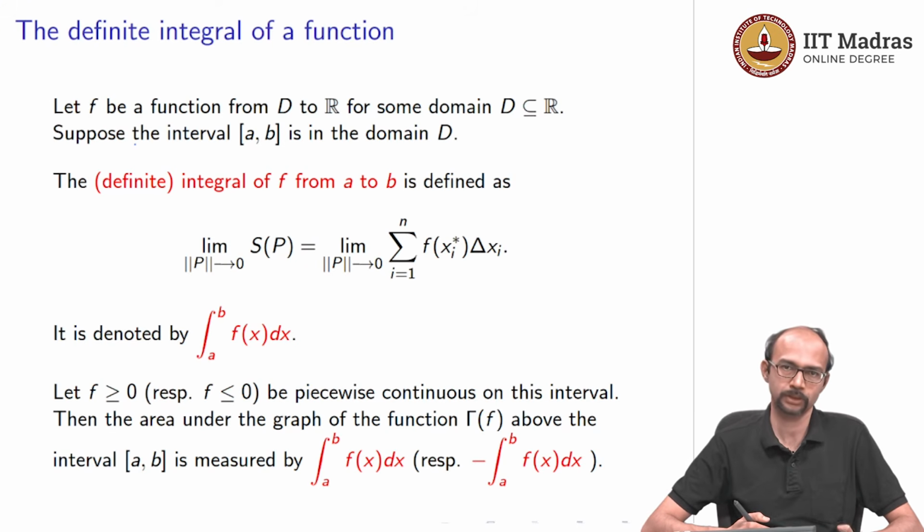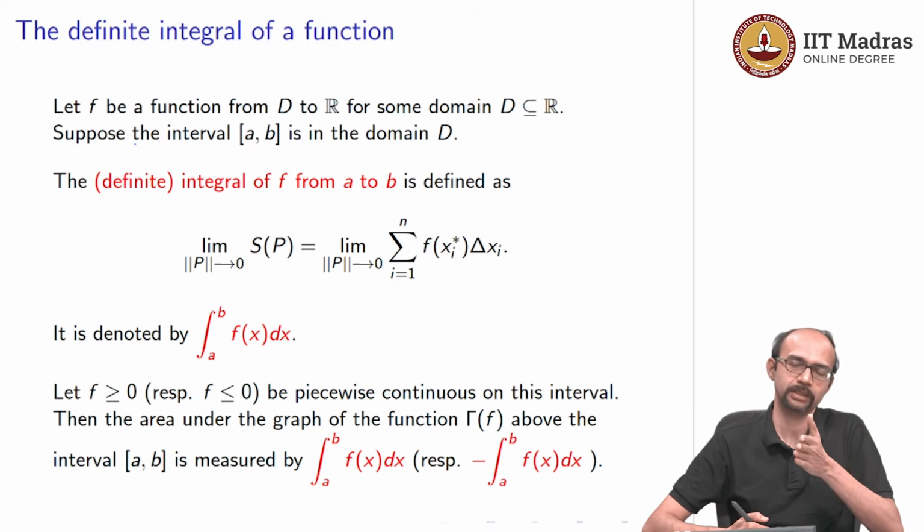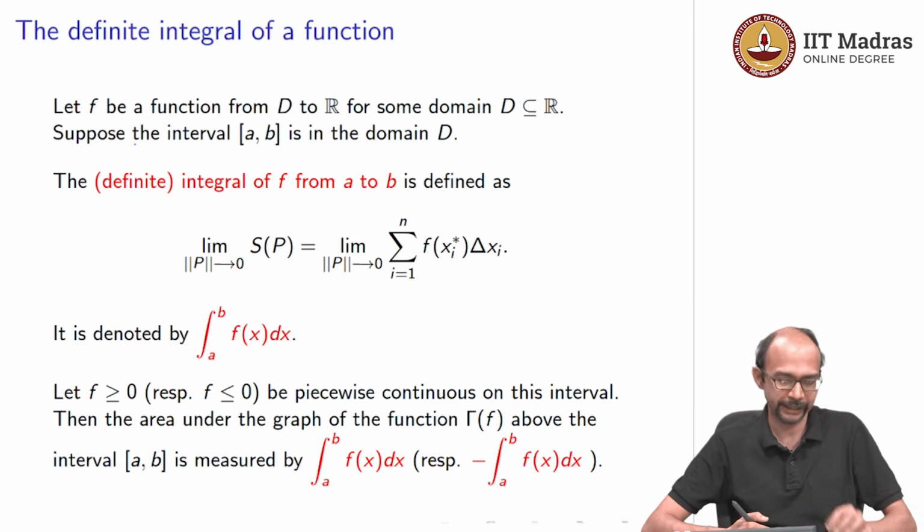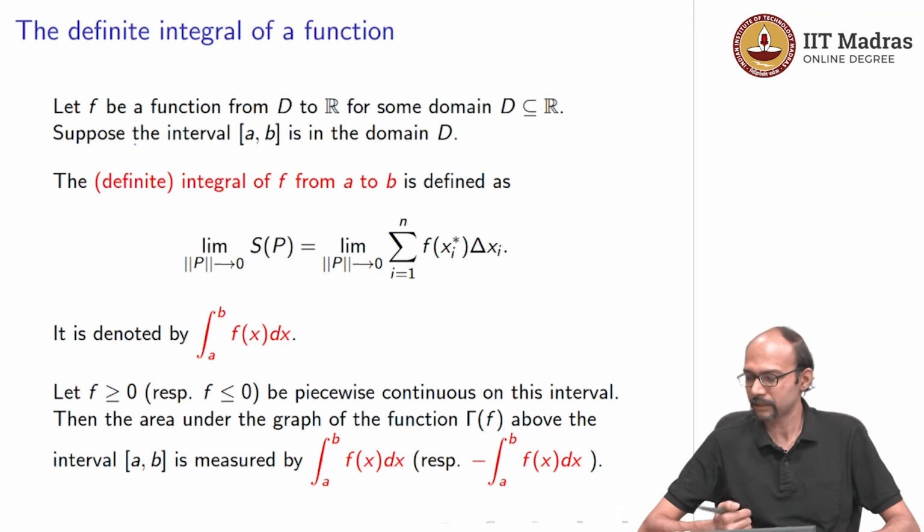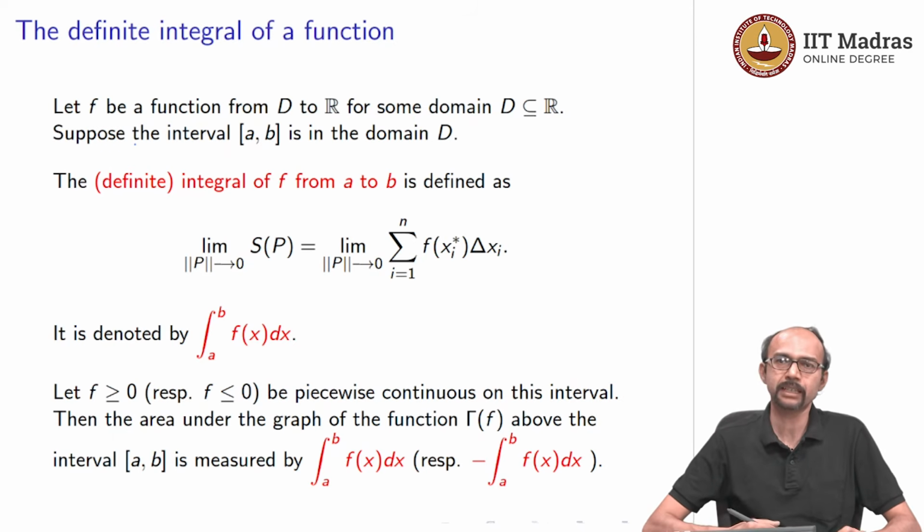So if f is piecewise continuous, which means you allow some discontinuities, maybe at finitely many points, then this integral, meaning the limit, indeed computes your area. That is what we have seen in the examples.